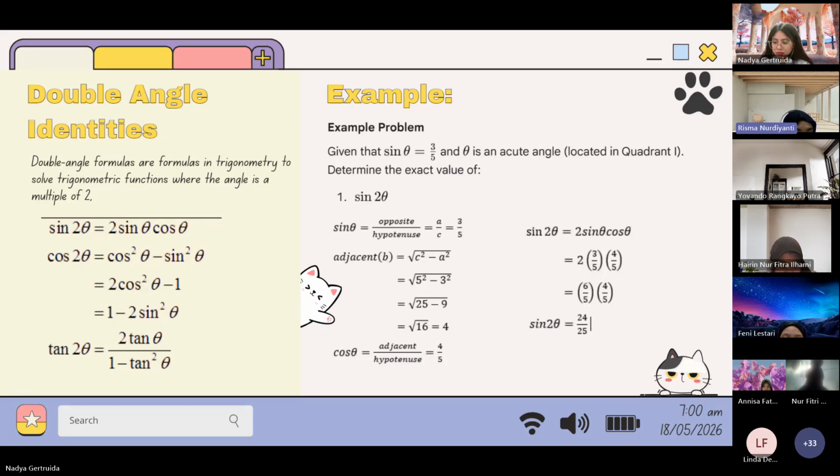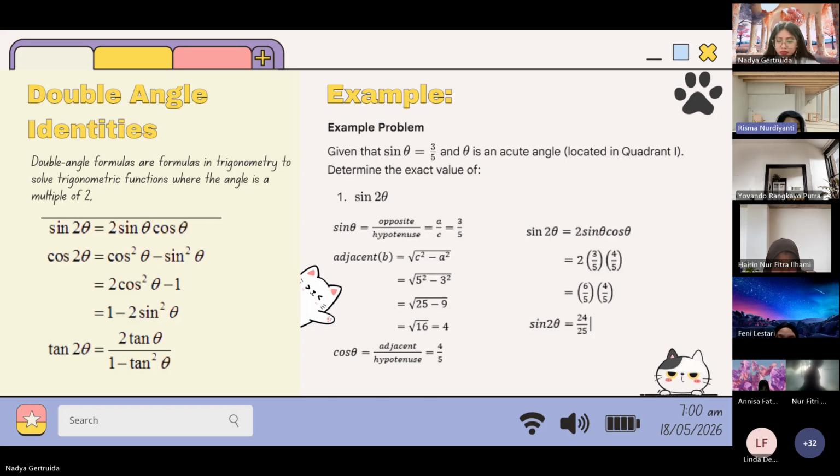This can also be written as 2 cosine square theta minus 1 or 1 minus 2 sine square theta. Third identity, tangent 2 theta equals 2 tangent theta over 1 minus tangent square theta.